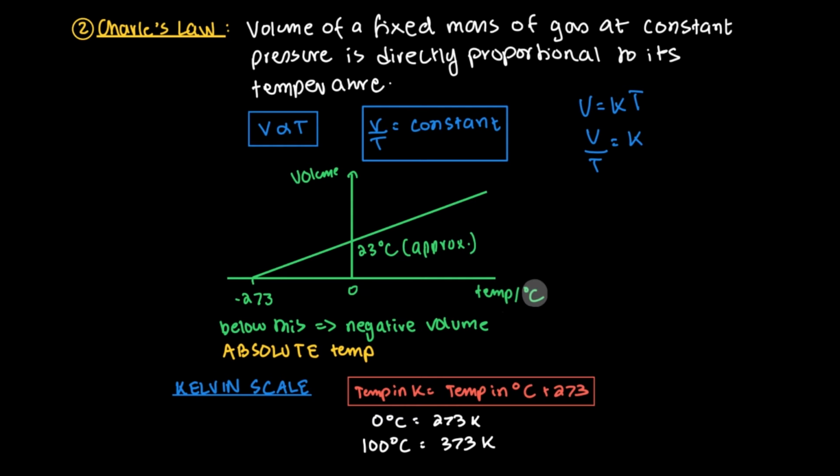It's also going to have a y-intercept, and it's going to have an x-intercept. Now, the x-intercept in this case refers to absolute zero temperature, minus 273 degrees Celsius. According to this graph, if you extend it below, your volume will become negative, which is something that's not possible.